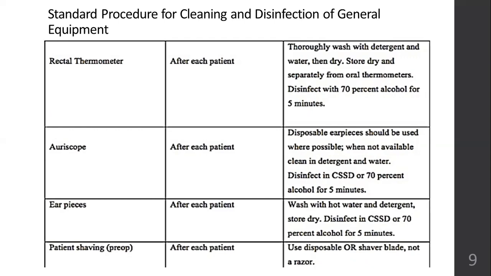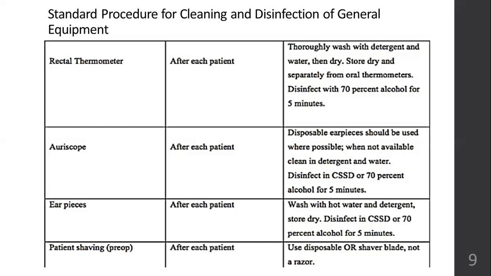Then you have the otoscope that is used in ENT and all. Okay, after each patient use, the otoscope earpieces, the ones that go inside the patient's ear, have to be changed. Those are disposable ones. It has to be discarded. Okay.